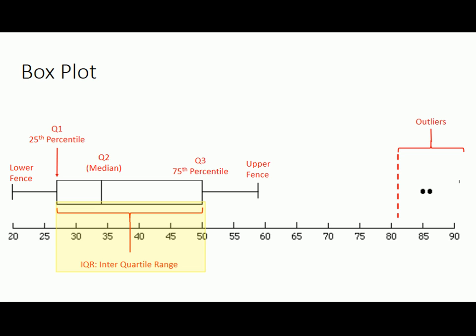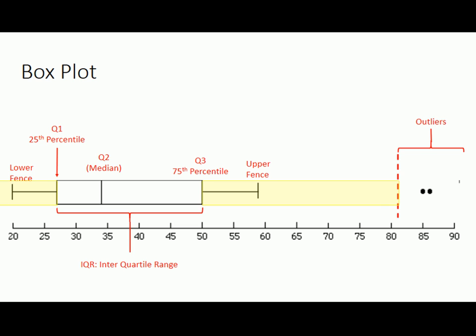So what you do is you take 1.5 times 23 and go that far to the right of the third quartile and that far to the left of the first quartile. That is going to be the cutoff for outliers.